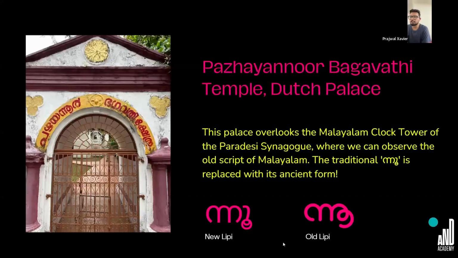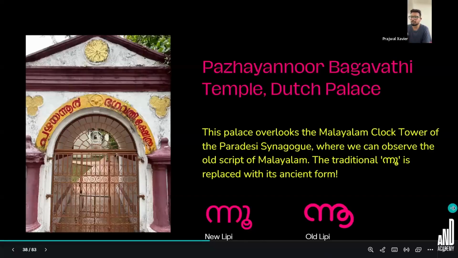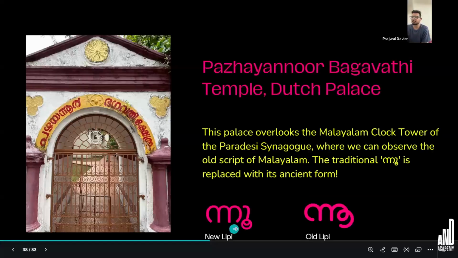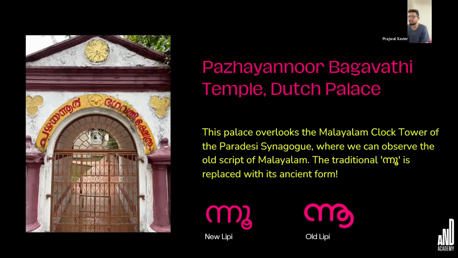Okay, and here I mentioned new Lipi and old Lipi. This is the basic difference between old and new Lipi. You can see here there are two characters, we can call them glyphs. Here it is in a single glyph. So that's one of the main advantages of the old style.